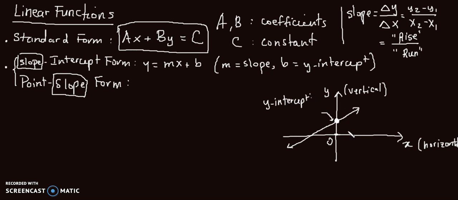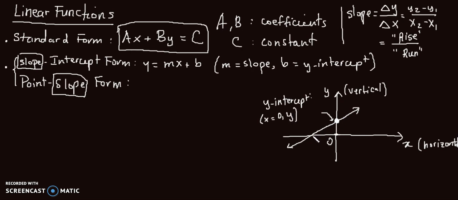If you look at the x coordinate of this point, it would be 0. So for the y-intercept, x will be 0, and this one would be y.